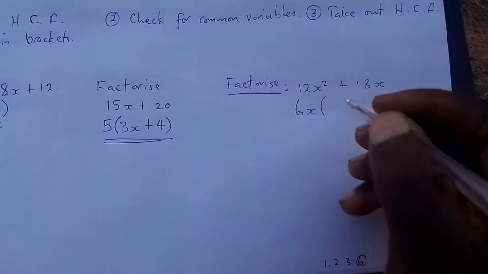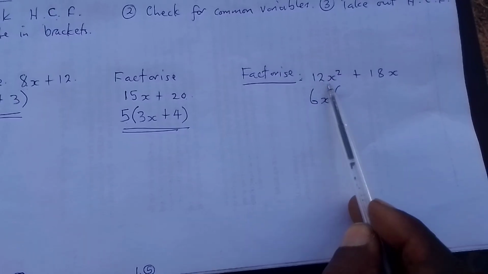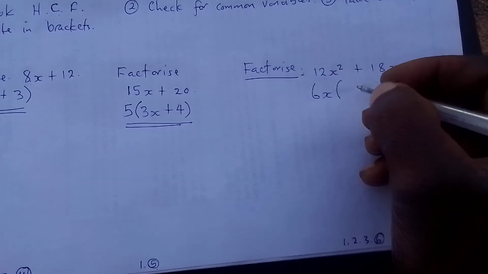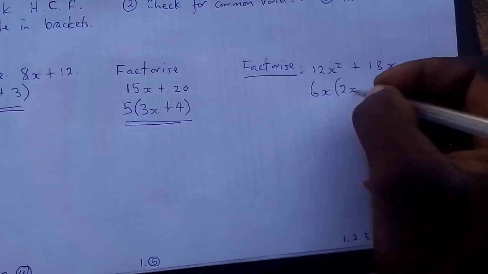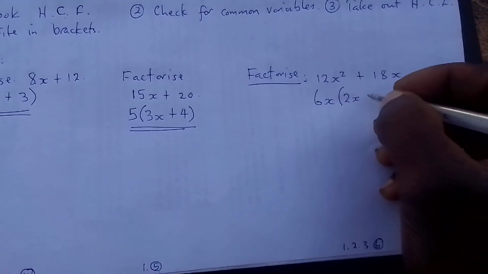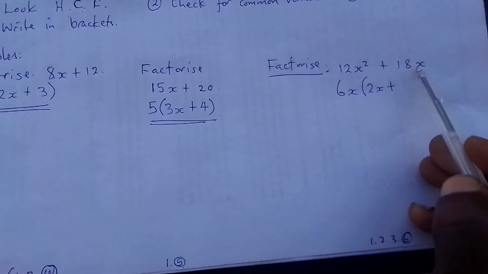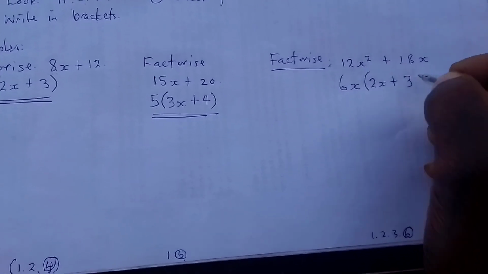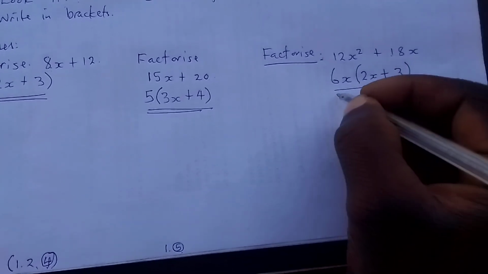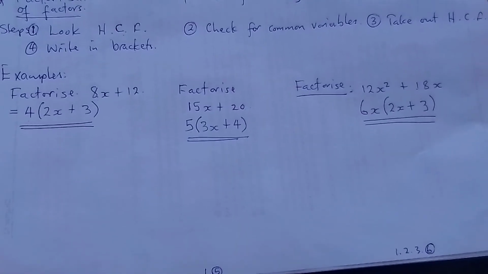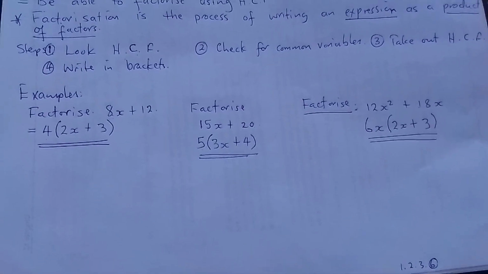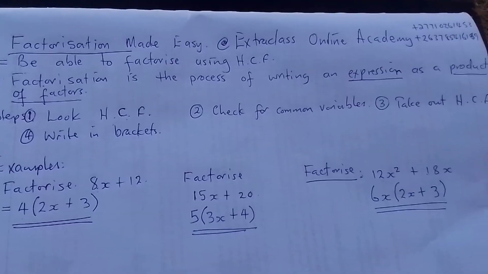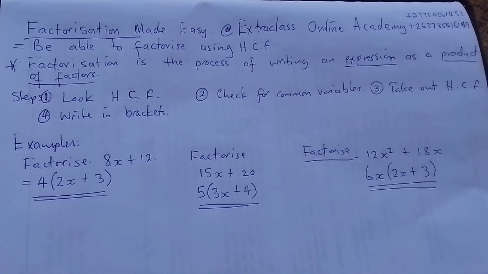Kana tadai, so we open bracket, takuti 12x squared divided by 6x, tinowana 2x, plus 18x divided by 6x, tinowana 3. Tuvatadi tavara bracket. Saka this is how we factorize using the highest common factor method.